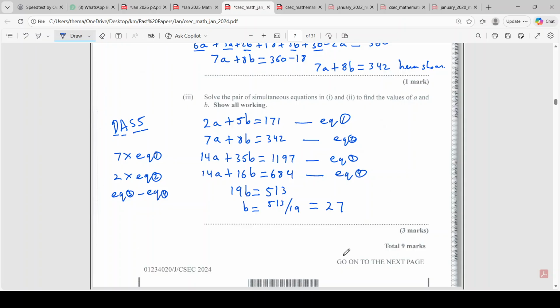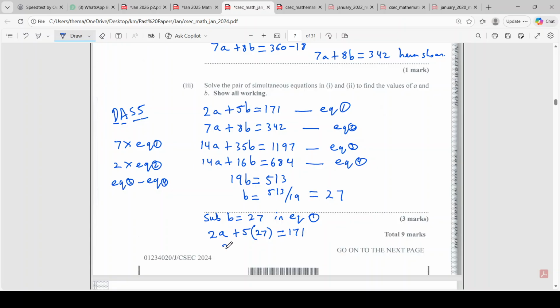So now we need to take what b is and substitute it in either of the equations here to solve for a. So I will choose the first one. So substitute b equal to 27 in equation 1. So here we have 2a plus 5 by 27, equal to 171.